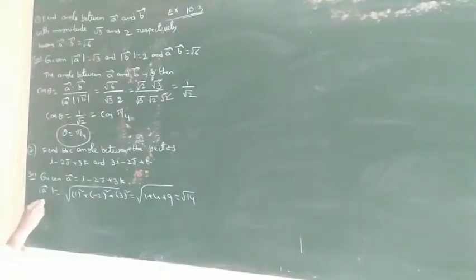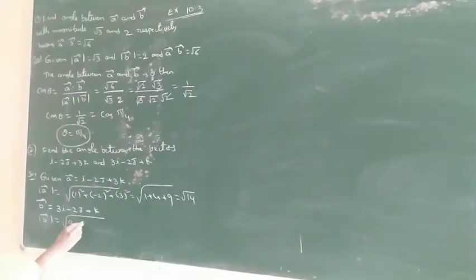Next, b bar is equal to 3i minus 2j plus k. Mod b bar is root of 9 plus 4 plus 1, so this is also root 14.